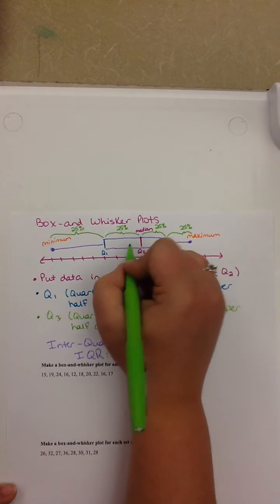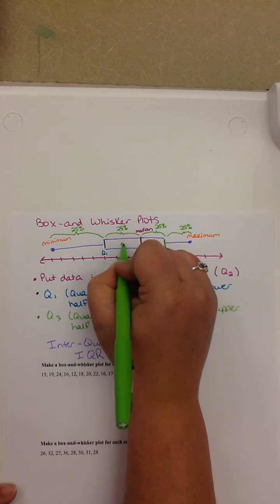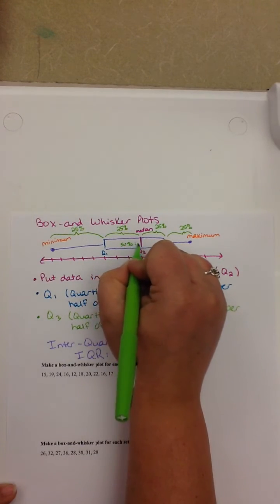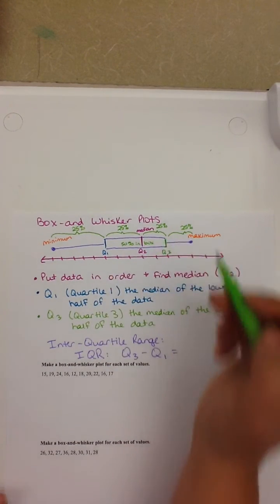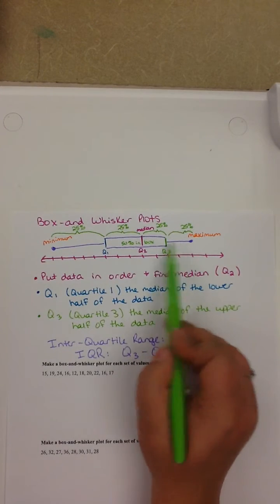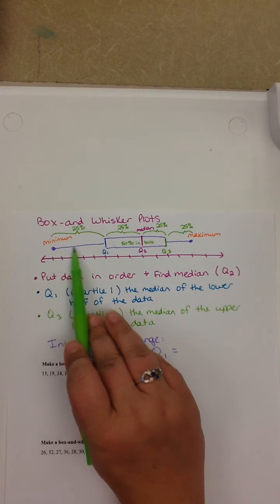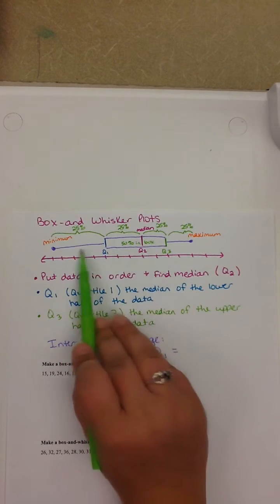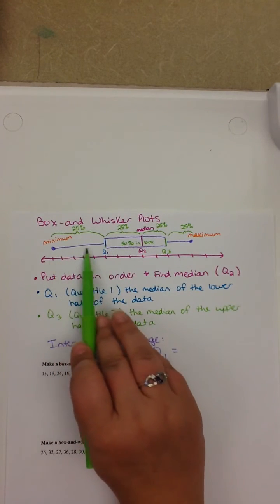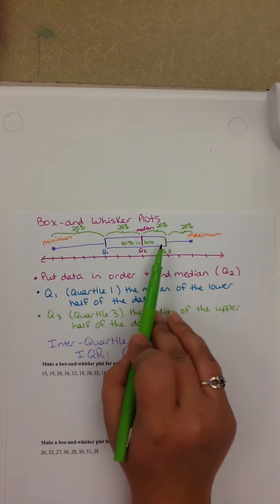So your box represents 50% of the data. If you have one section that's longer than another section, that just means that the data values are more spread out, and maybe these ones are closer together.